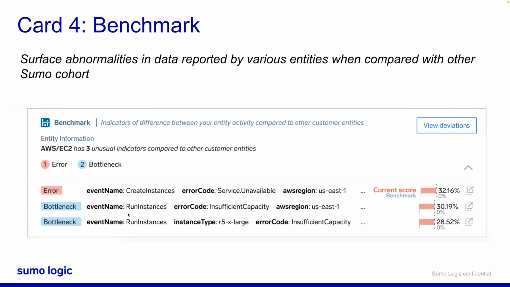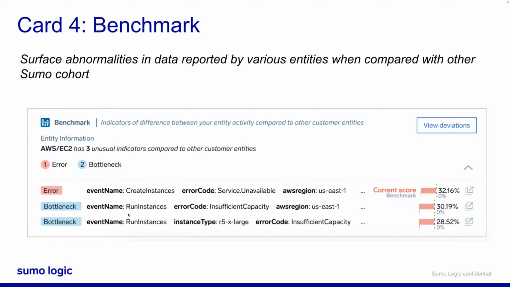Finally, we have the benchmark card. Here we compute abnormalities in metric data again. But in this case, we compare your anomalies to other customers. We normalize data from all the customers that Sumo has and say, okay, you are experiencing certain types of things far more often than other Sumo customers, right?